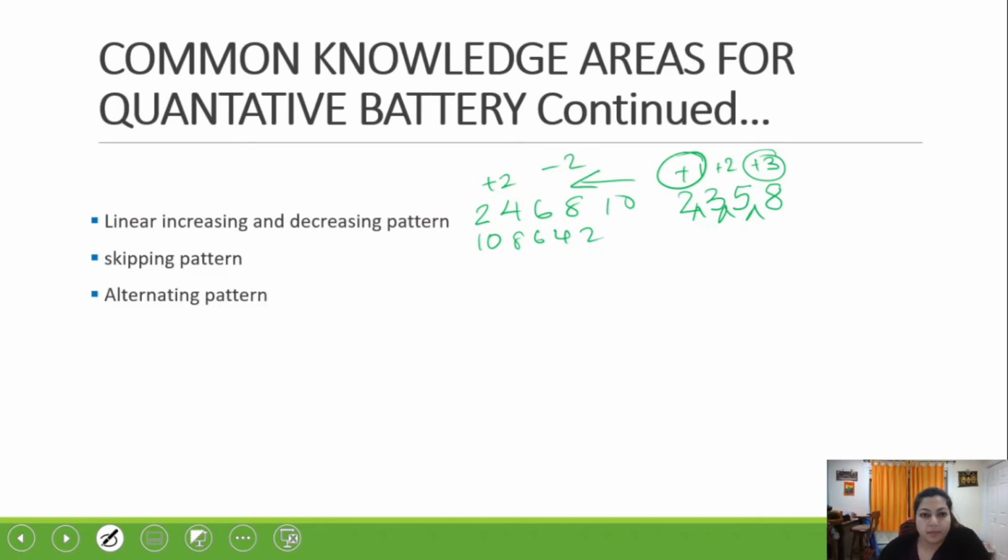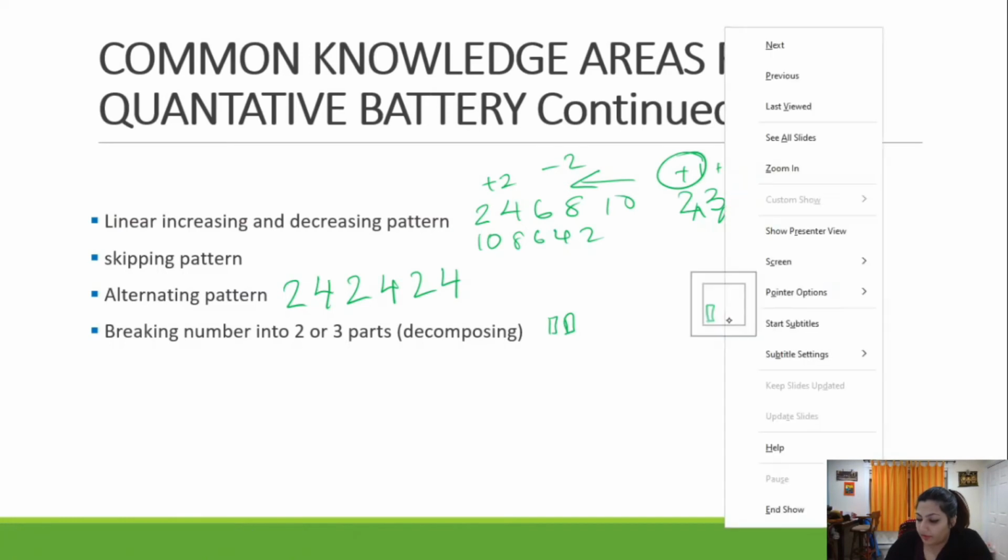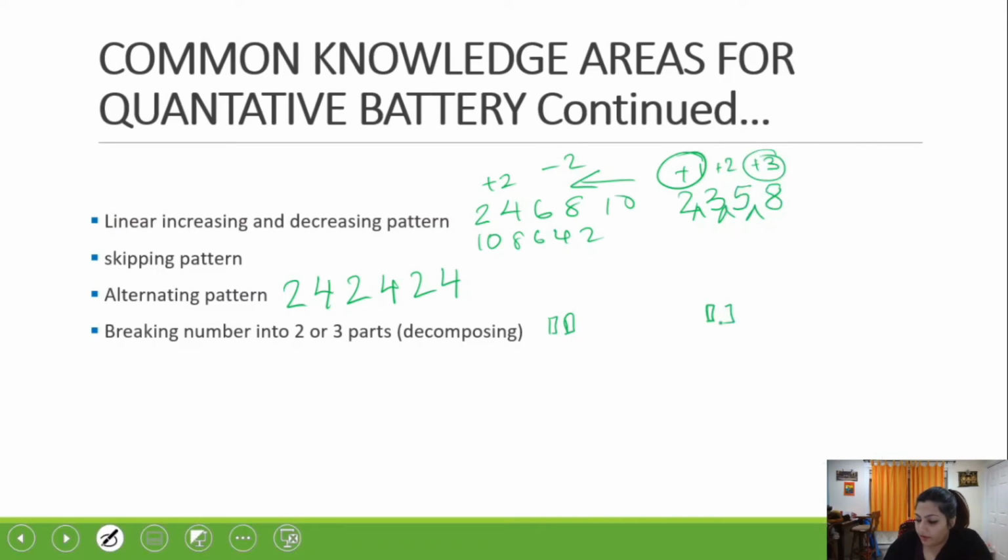Then alternating pattern, like 2, 4, 2, 4, breaking a number into 2 or 3 parts. It's basically decomposing, and this is mainly for the train. Sometimes for the answers you have to break down, so say ultimately in the train you are left with this.